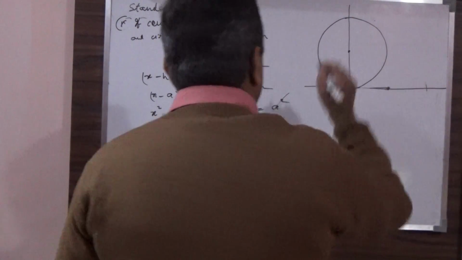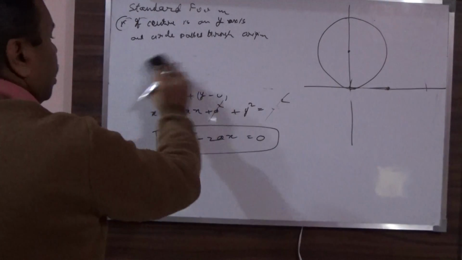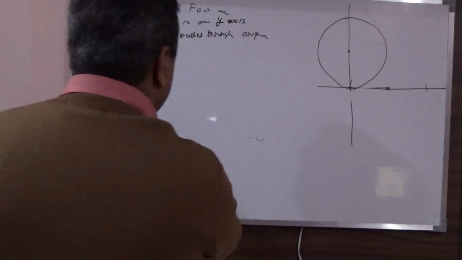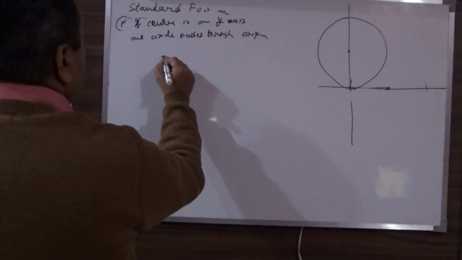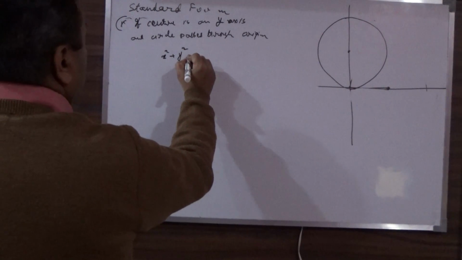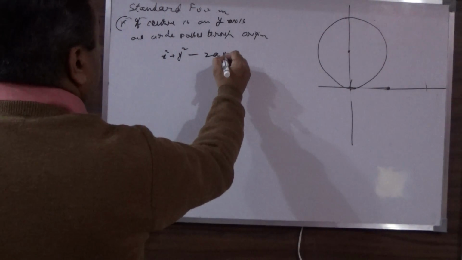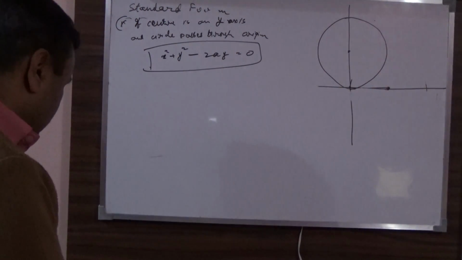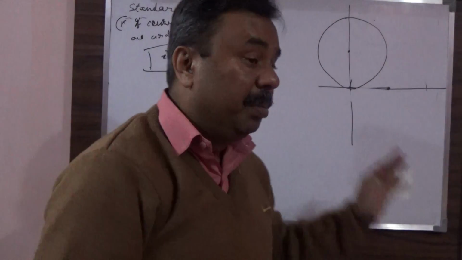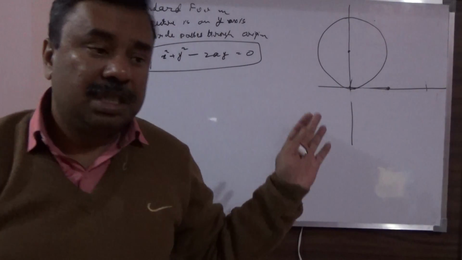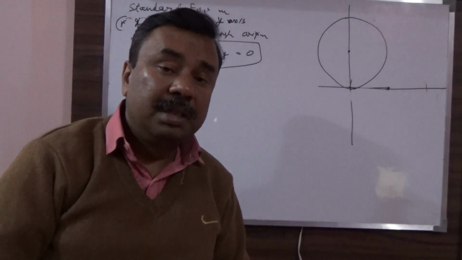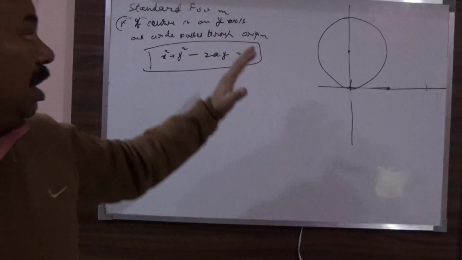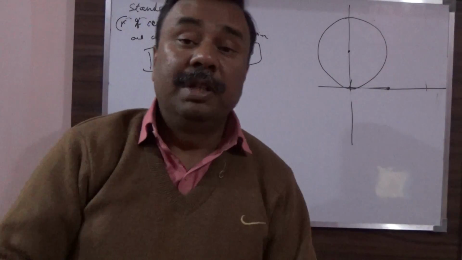Now in this case, you just go on considering the conditions and your equation will become x square plus y square minus 2ay equal to 0. This is the equation that you will be getting, and I am leaving this for your practice, because the derivation is just similar to that.